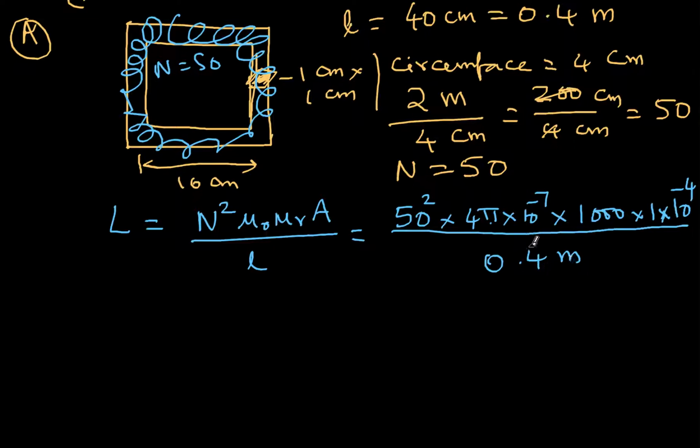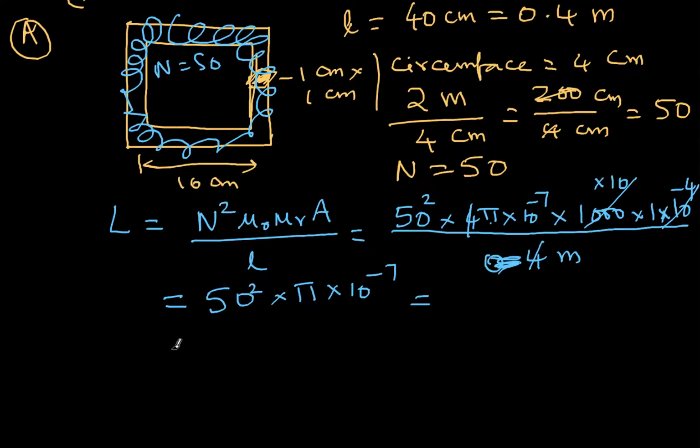This is the calculation we need to do to find the inductance. Can we do some simplification? Here, with 0.4, I put one more 0 into 10 and then I can remove this 0.4. The 4 I can cancel out, and the 10,000 I can cancel out with 10 power minus 4. So finally I have 50 square into 5 into 10 power minus 7.